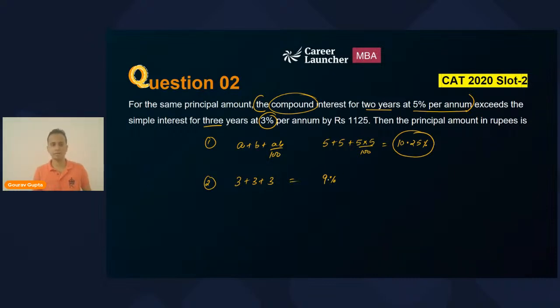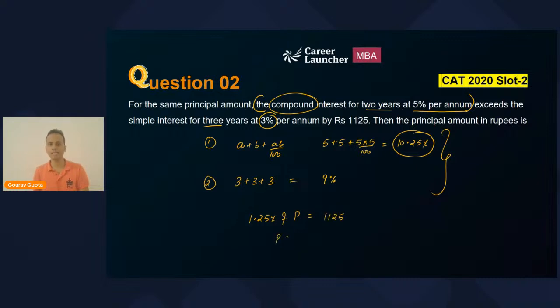All right. Now, what is the difference here? The difference here is 1.25 percentage. 1.25 percentage of what? Of principal, obviously. The first increase is 10.25 percentage of principal. The second one is 9 percentage of principal. So the difference here is 1.25 percentage of principal, and this difference in the question is given as 1125.